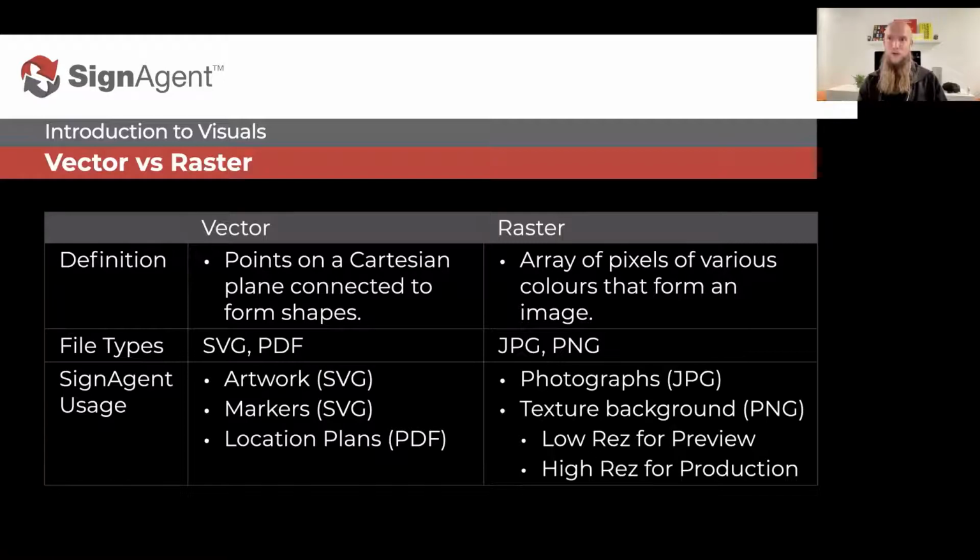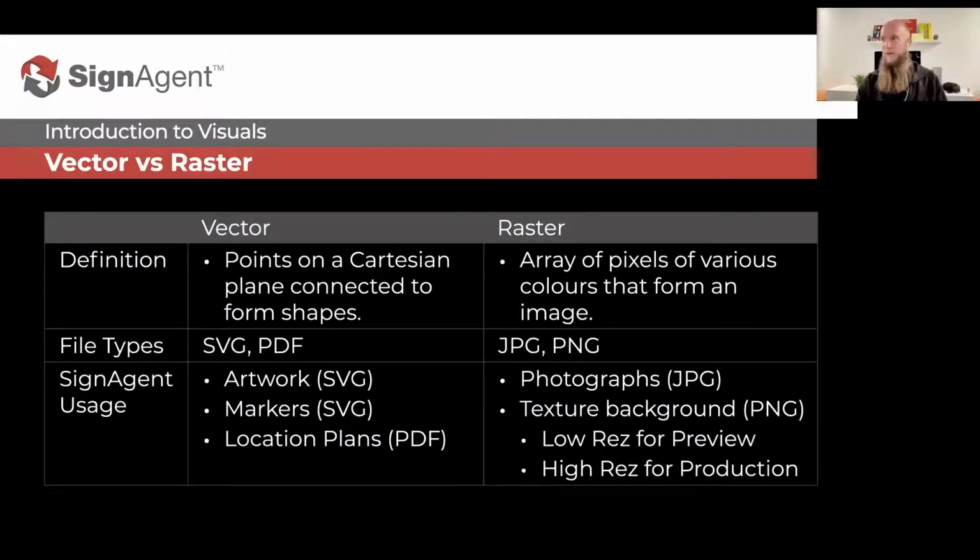We also can draw custom markers. So we're drawing those in Illustrator and exporting SVG and uploading that. And then we're using PDFs for location plans. And then the things that are rasterized in SignAgent would be the photographs that are taken from the mobile devices. Those are JPEGs that are being uploaded to the site and they're being captured there.